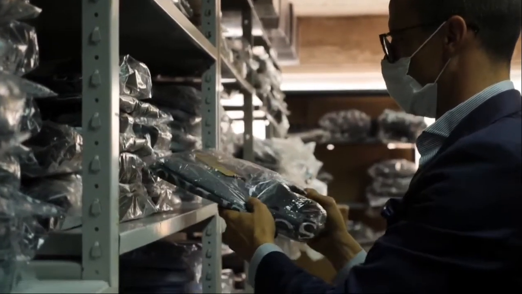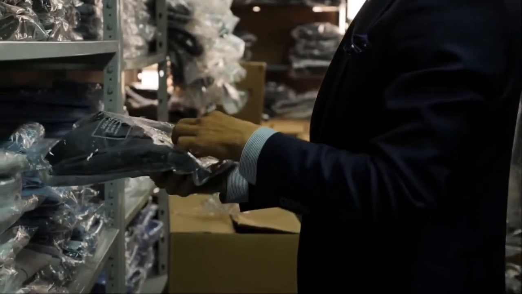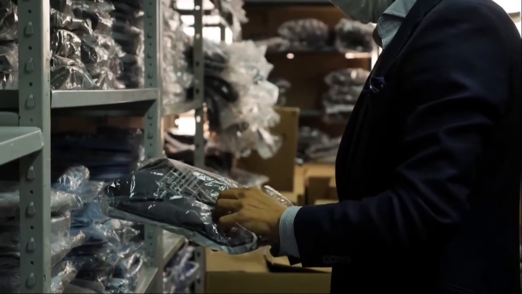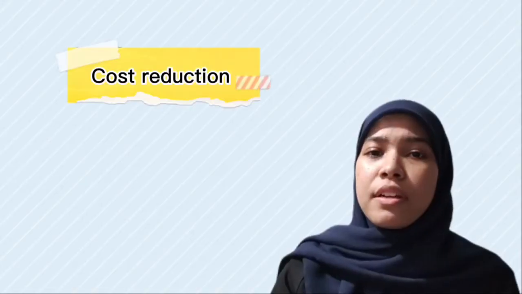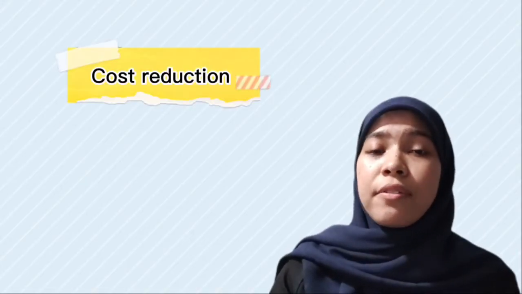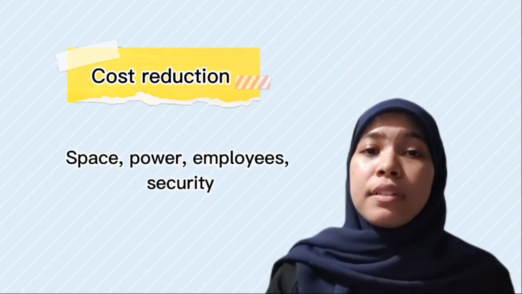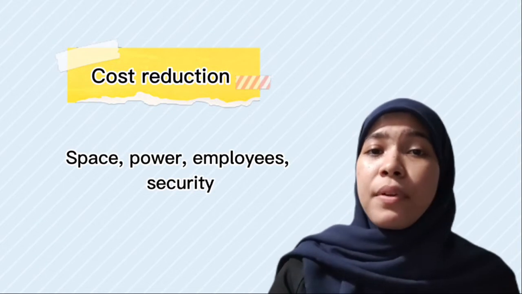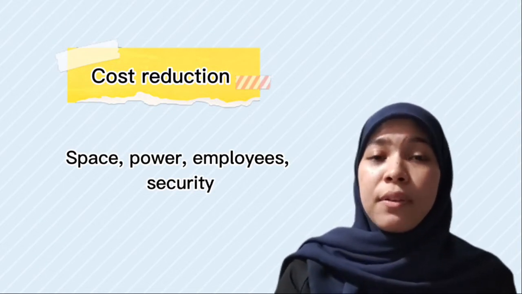Previously, a corporation would keep a warehouse stocked with the parts and raw materials it needs just in case. When the supplies were running short, they would reorder just enough to last until the next supply arrived. The cost reduction was significant since warehousing is quite expensive. They must pay for a large amount of space, power, employees, security, and parts that are simply sitting there, not generating money or providing value to the firm.